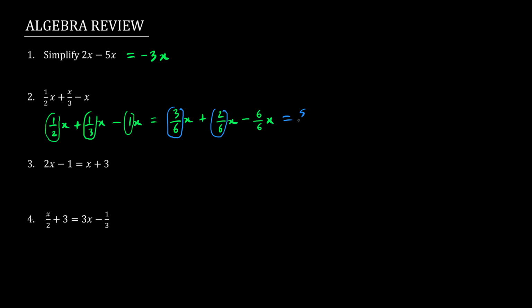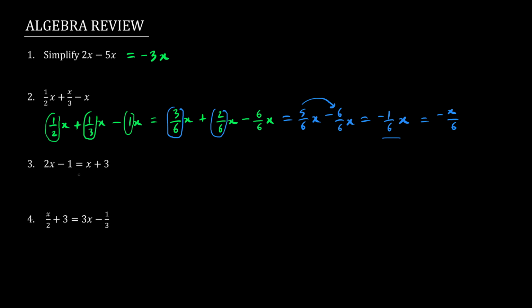So now we have 5 over 6x minus 6 over 6x, which happens to be, we simply go 5 minus 6 is negative 1 over 6x. So we went from 3 terms to a single term. And this, by the way, happens to be negative x over 6.